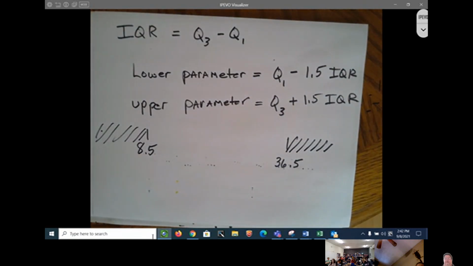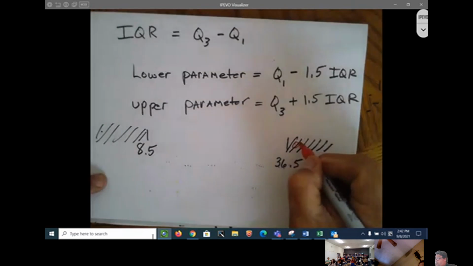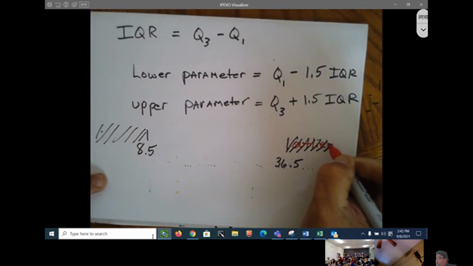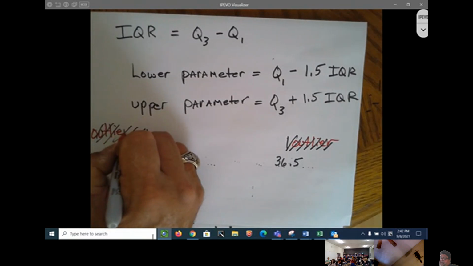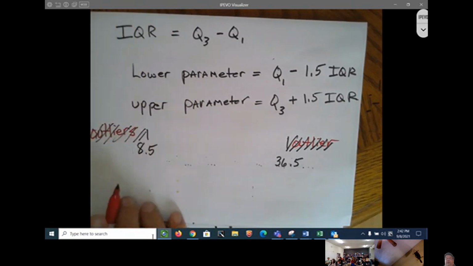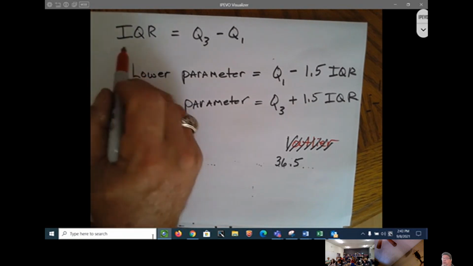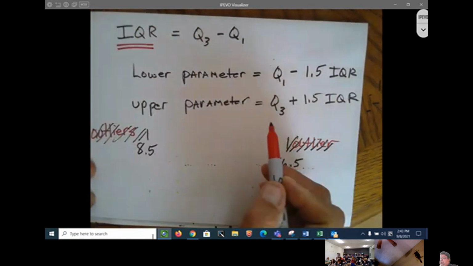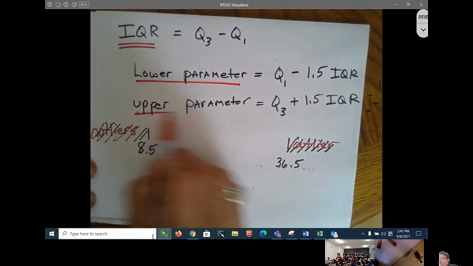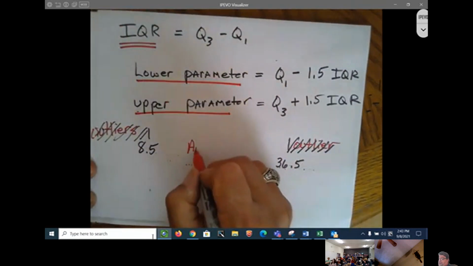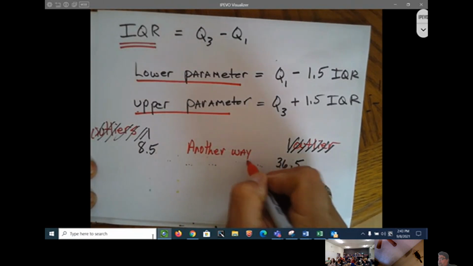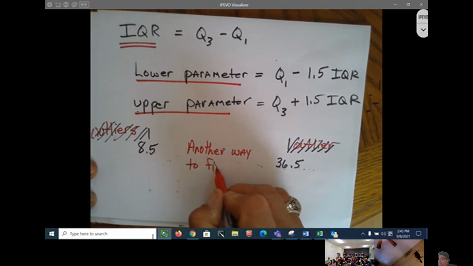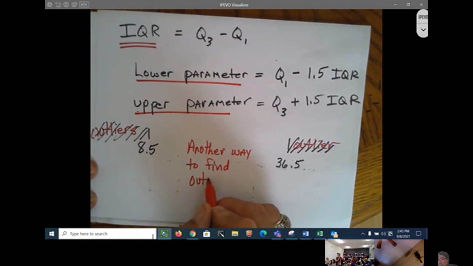Anything above 36.5 is called an outlier. So this is another way of finding the parameters for your outliers. When you're dealing with the interquartile range and you find the lower parameter and the upper parameter, this is another way to find outliers.